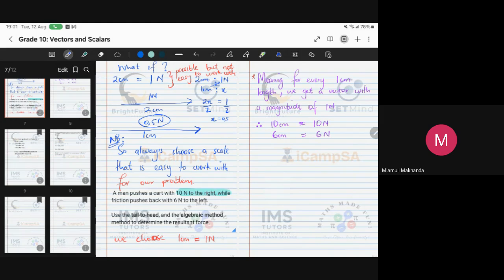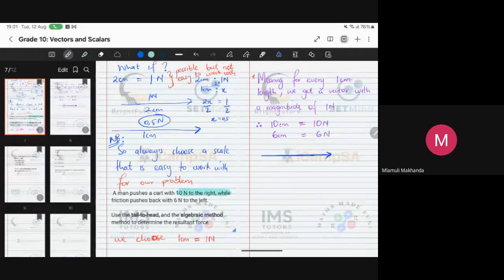So vector 1, we draw it going to the right. They said it's going to the right. Right? That's vector 1. And this length is 10 centimeters on your ruler, right?